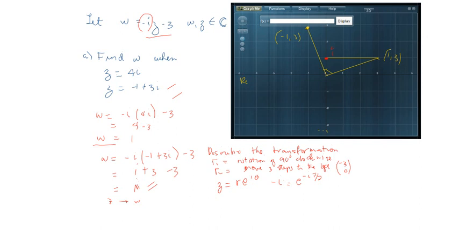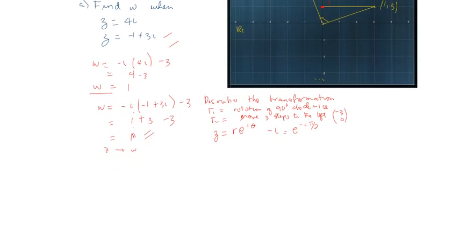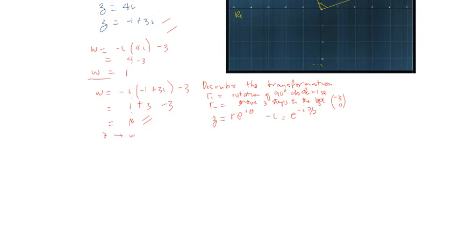So our w is equal to negative i z minus 3. Negative i is e to the negative pi over 2 i, times z, r e to the i theta, then minus 3.